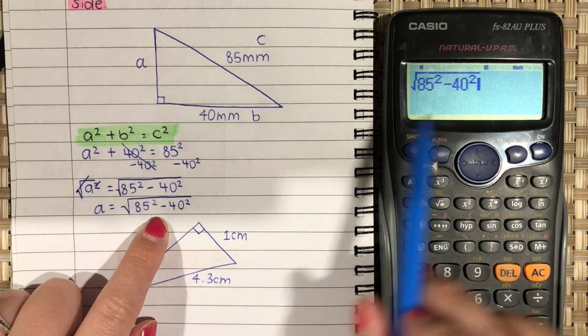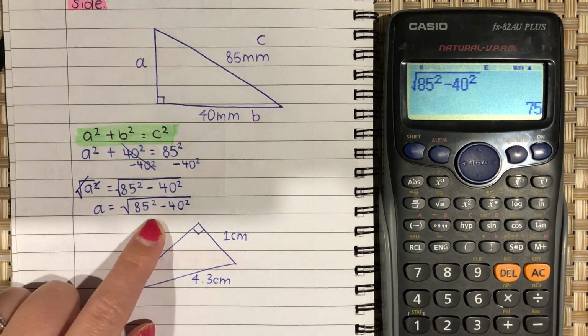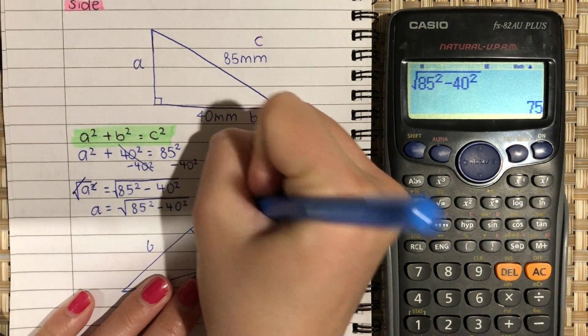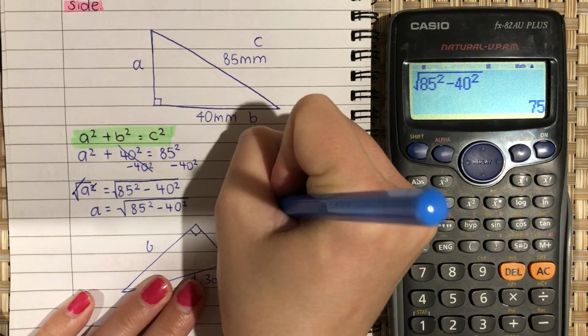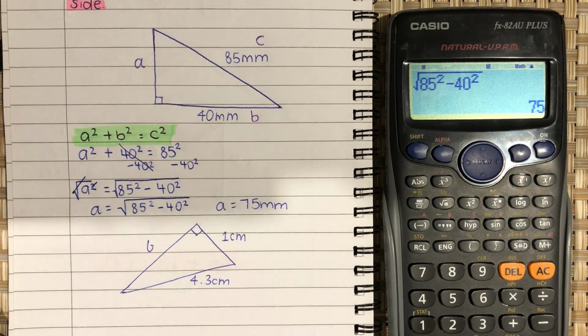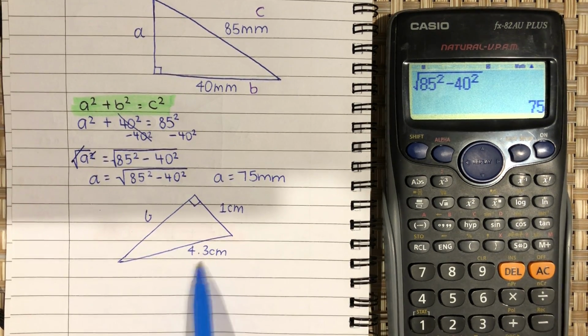It's exactly how it's written. Press equals and you get 75. So A equals 75 millimeters.